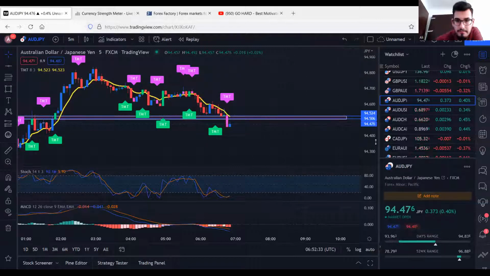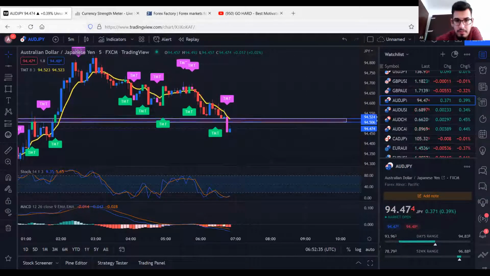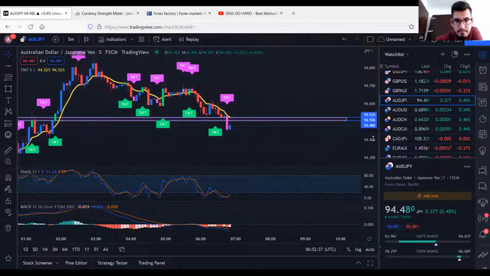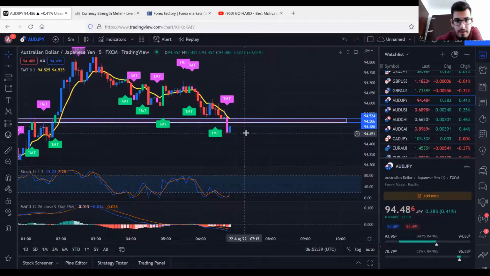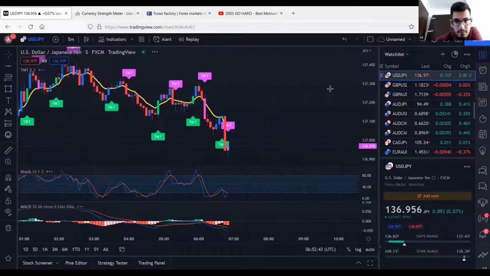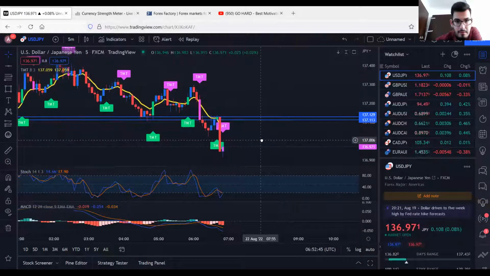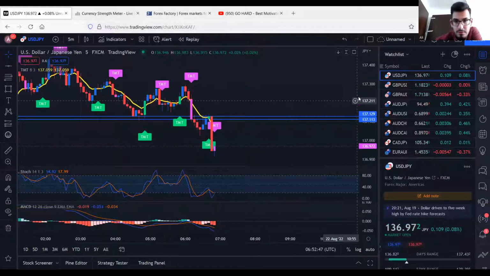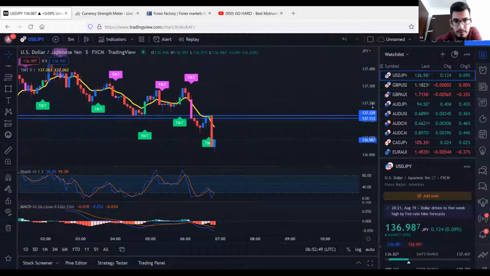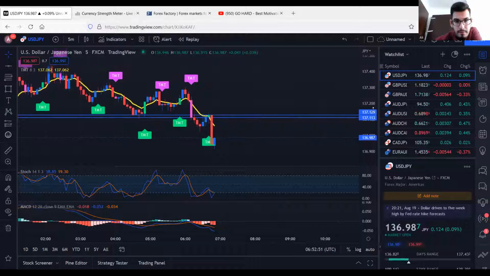But let's see. AUD/JPY. It is far away from our area. USD/JPY. It's also far. I mean, USD/JPY is just not doing anything useful.